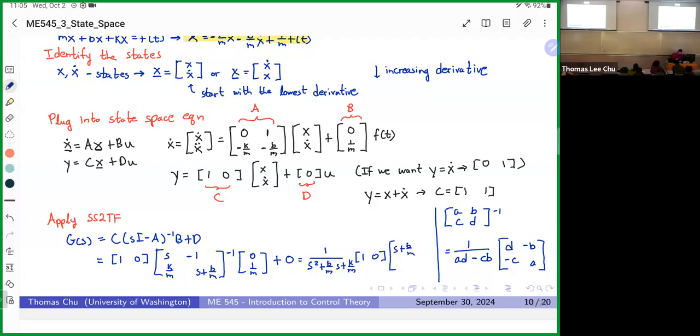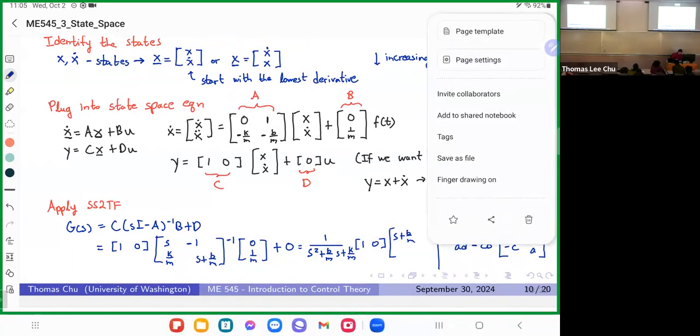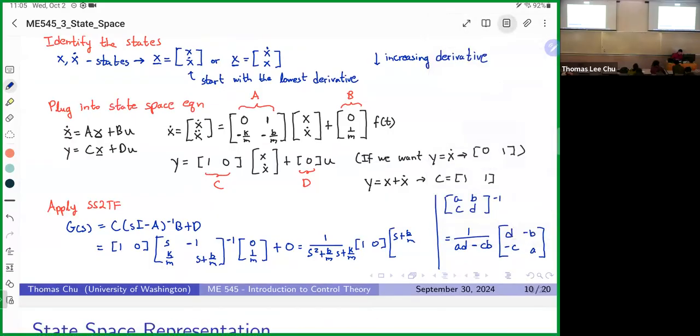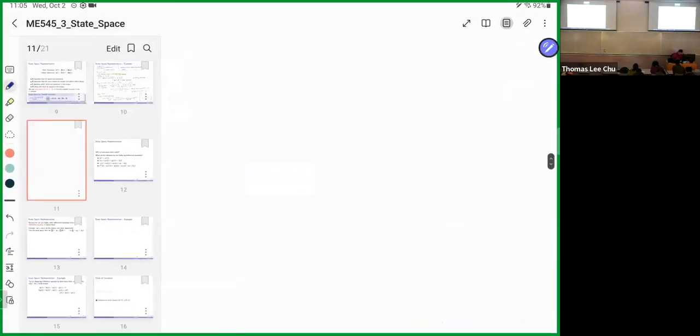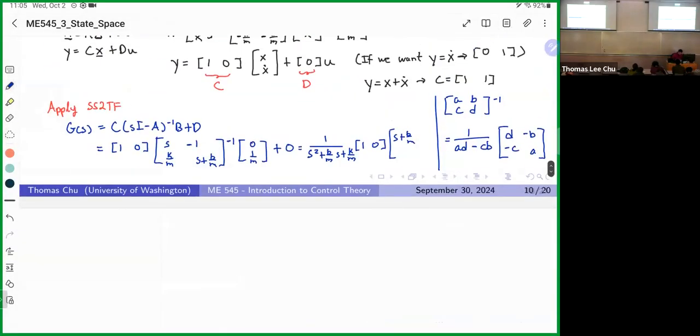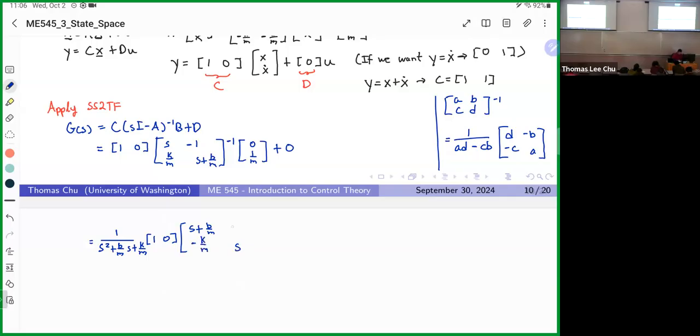All right, I'll create a new page. Sorry for moving stuff around. All right, now that we have more space, we're going to swap the diagonals. S plus b over m, s in the bottom right diagonal, minus k over m, minus 1, multiplied by 0, 1 over m.